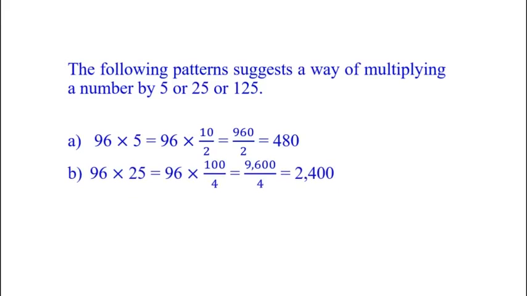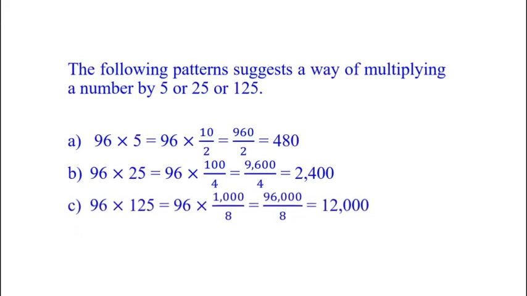Then 96 into 25 is equal to 96 into 100 by 4, that is equal to 9600 divided by 4 is equal to 2400. Then 96 into 125 is equal to 96 into 1000 by 8 is equal to 96000 by 8 is equal to 12,000.